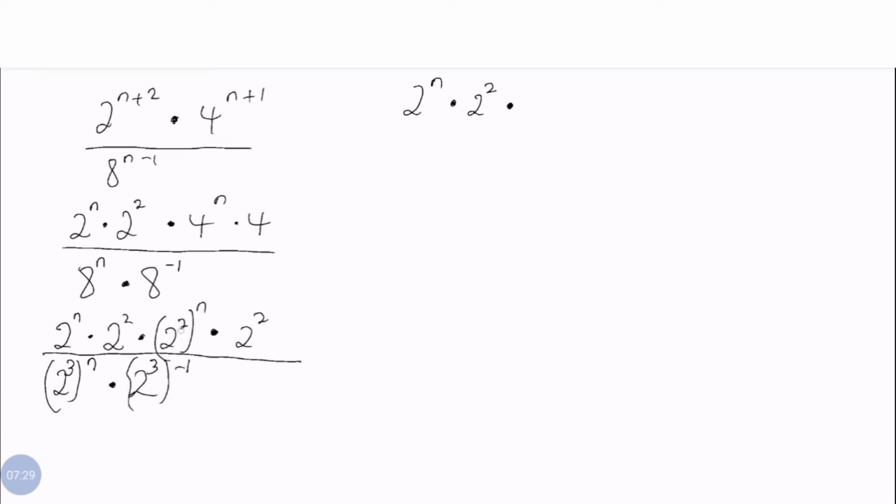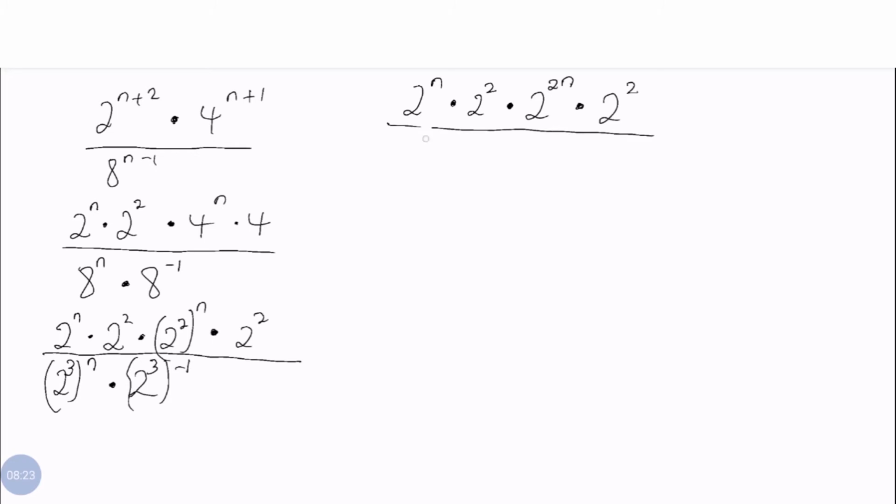So when we have something like this, we just multiply the indexes such that we will have this as 2 to the power 2n. We just multiplied the indexes, and then we multiply by 2 to the power 2, which is this one.